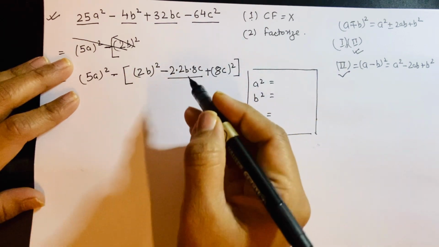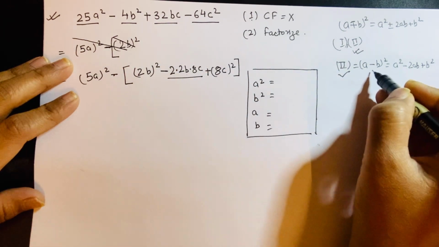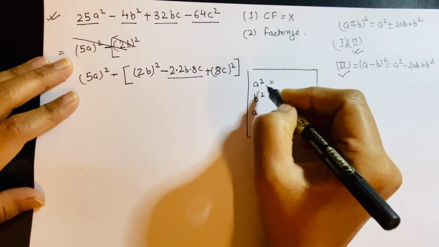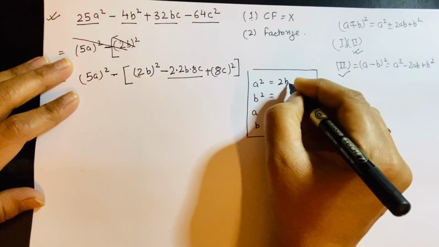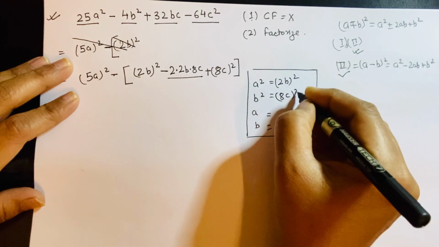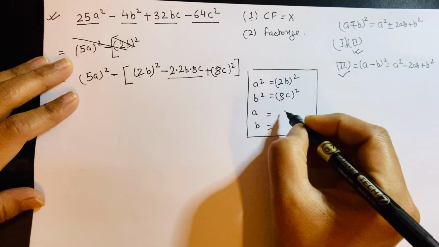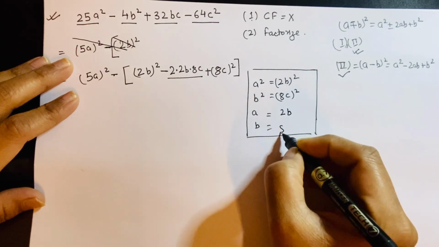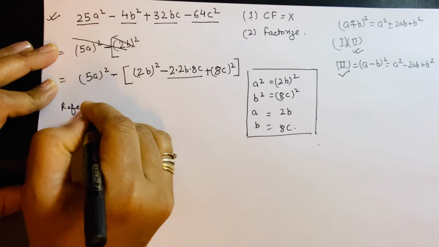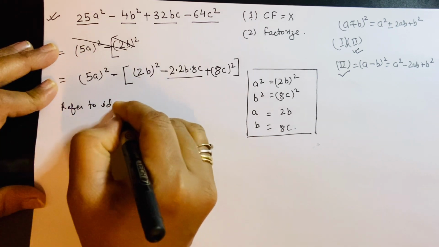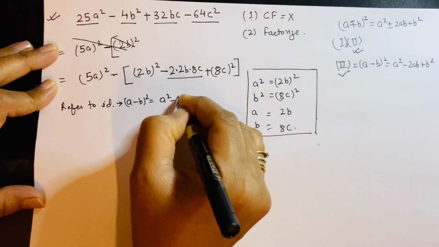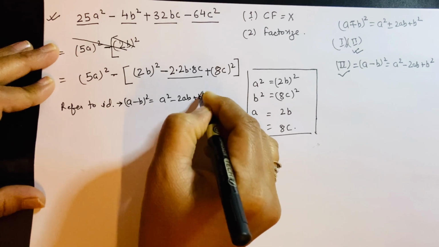Now to move on to the next stage, we will first write in a small box: a square is 2b whole square, b square is 8c whole square, and then what is a? A is 2b, what is b? 8c. Now you will refer to identity a minus b whole square is equal to a square minus 2ab plus b square.